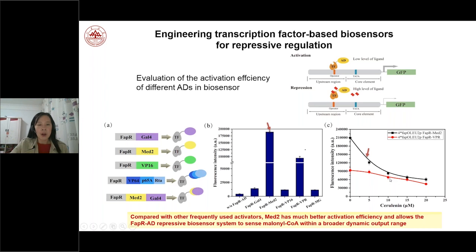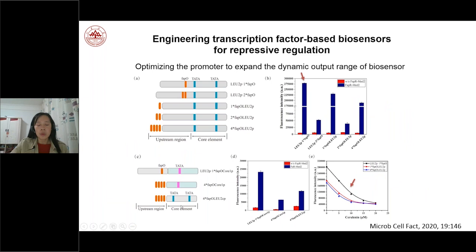Aside from that, we are also working on optimizing the promoter to expand the dynamic output range. And if we want to decrease the basal expression, we can replace the co-elements with a synthetic co-element.